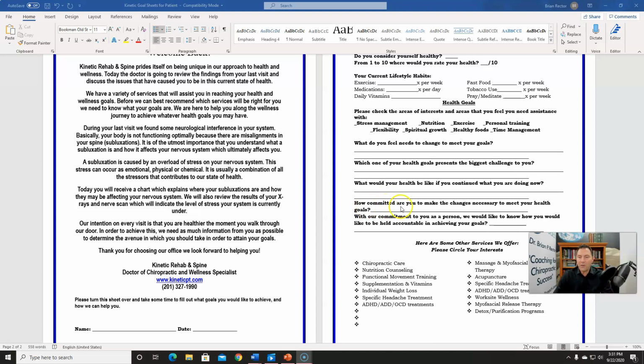On to the next one. How committed are you to make the changes necessary to meet your health goals? Huge question. When I first grab this questionnaire, that's the first question I look at. Now, I don't necessarily bring it up to the patient.